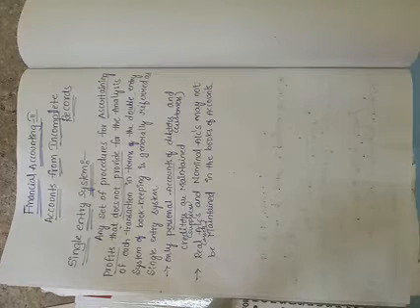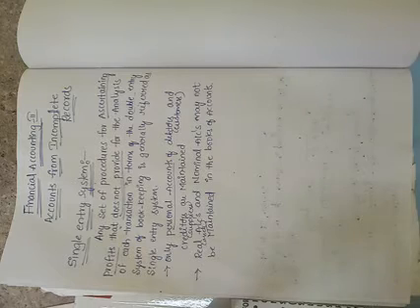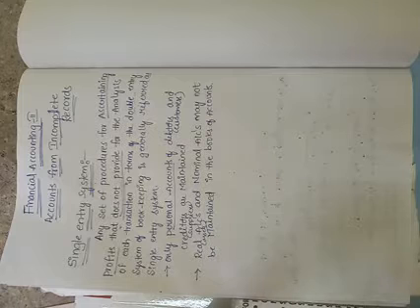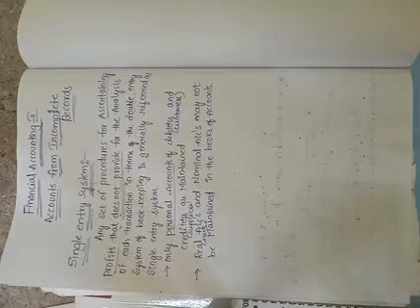Next is fixed assets. Fixed assets means any asset which cannot be converted into cash easily within a period of 1 year. Examples are buildings, machinery, furniture, investments, like that.